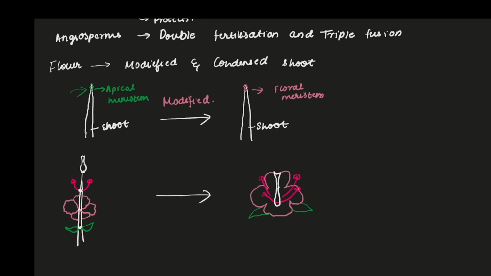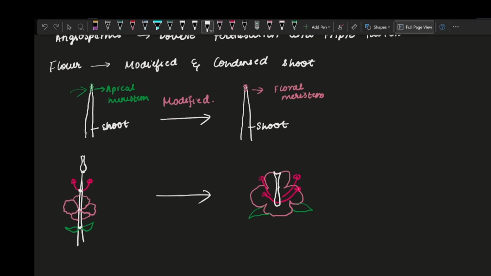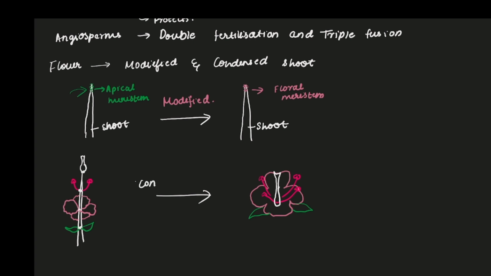Now what you can notice is this is condensed, and hence we get the two words modified and condensed. Modified in the sense that the apical meristem is getting modified to the floral meristem. Condensed in the sense that all the whorls which occur at different nodes of the stem are being condensed to form this particular flower.